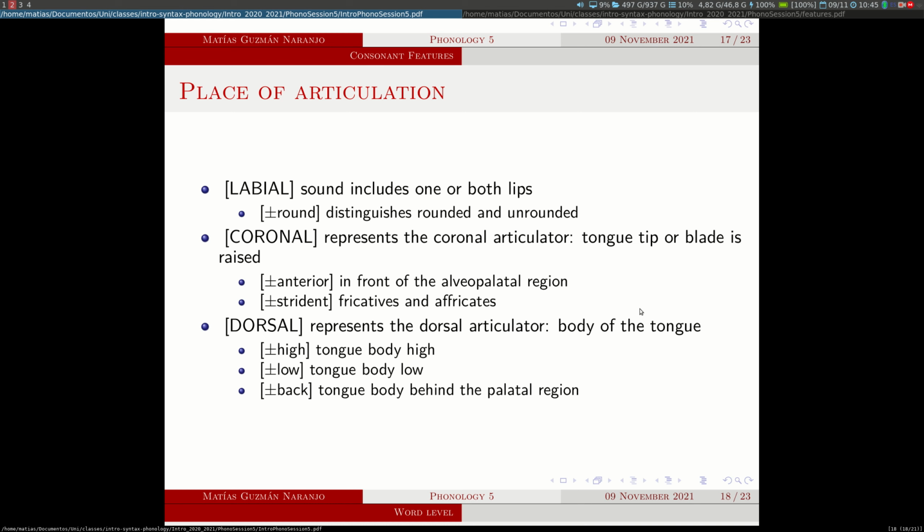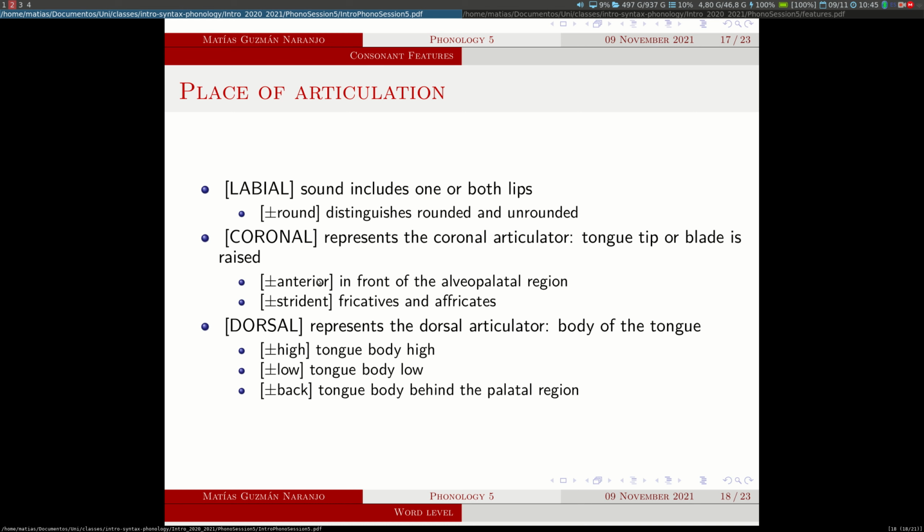You have the coronal features. We saw that this is where the articulator, like the tongue tip or the blade, is raised. And you can further distinguish phonemes with the anterior and strident features. The anterior is for the alveolar-palatal region.